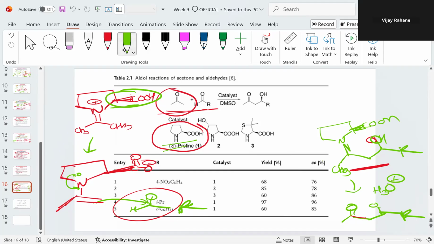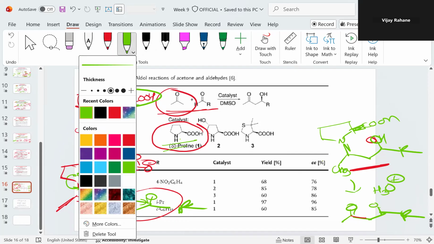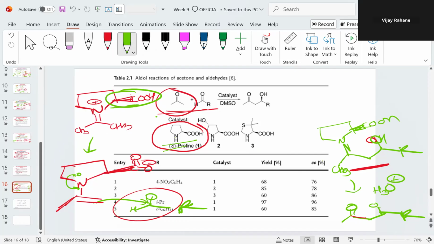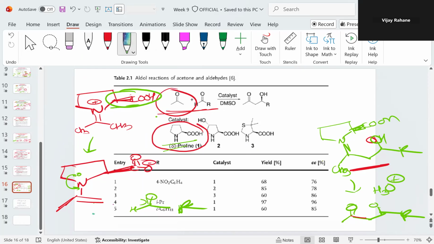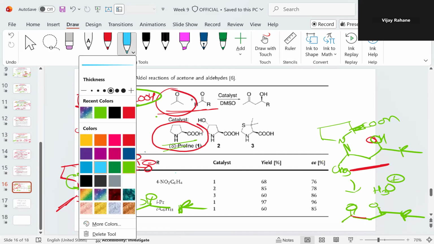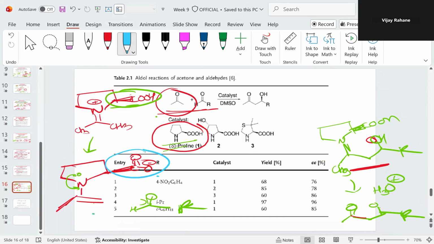If you look at the stereochemistry of this group, when the enamine attacks the aldehyde, this attack does not take place in any random manner. It takes place in a selective manner. Why? Because there is a huge steric bulk because of this group.